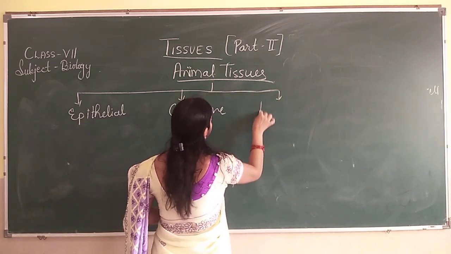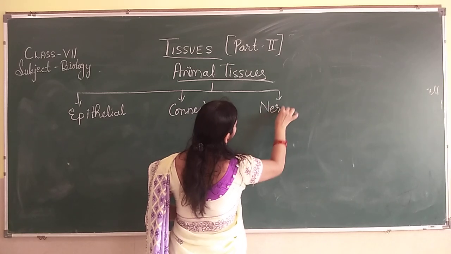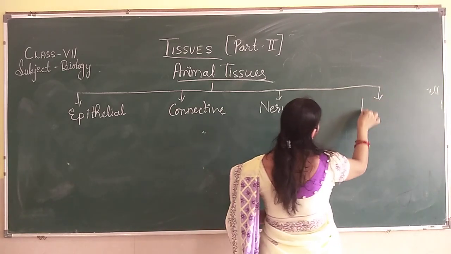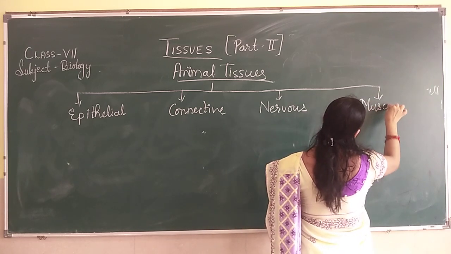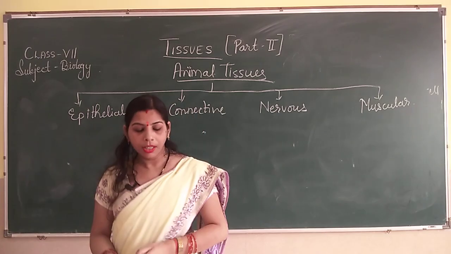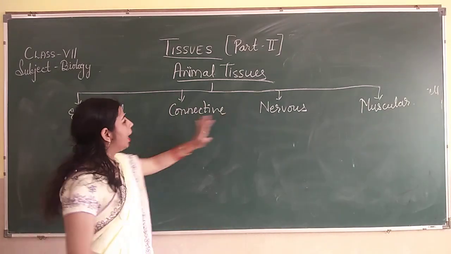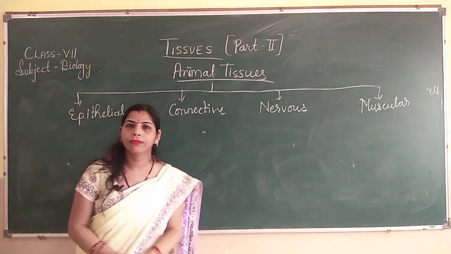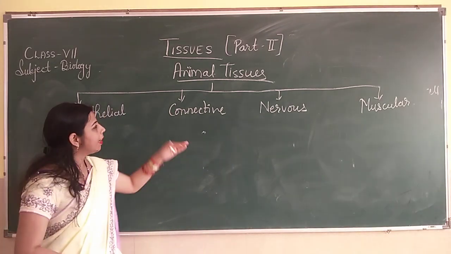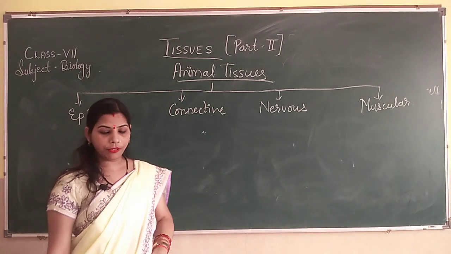Then nervous tissue and muscular tissue. These are the types of the animal tissue. These are further divided into different parts.